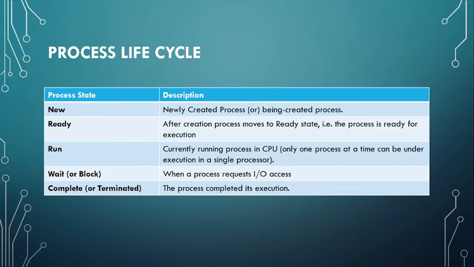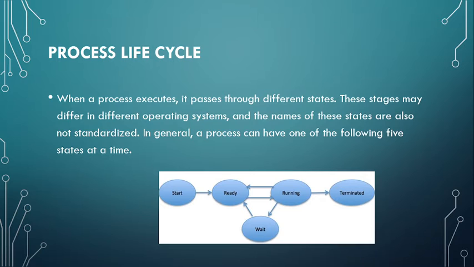In those situations, the process is put in the wait queue or in the wait state. And then complete or terminated, which is when the process completes its execution. So this is the process life cycle. We have 5 states: start, ready, running, terminated and wait.